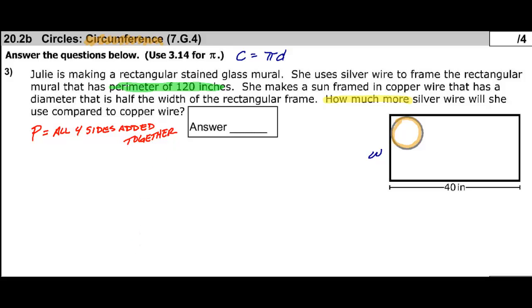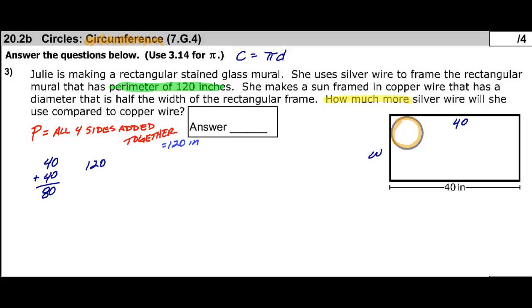So for this particular rectangle, what we know is all four sides added together equal 120 inches. We know that it has a length of 40, and if that's 40, then this top part has to be 40. So there's 40 and another 40, that's 80. We know altogether it is 120.